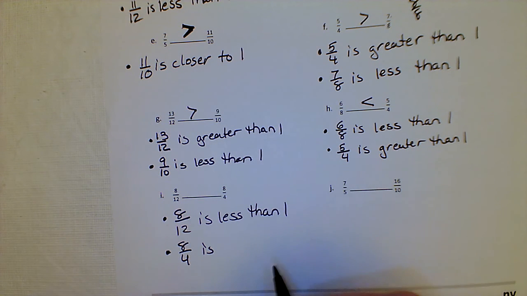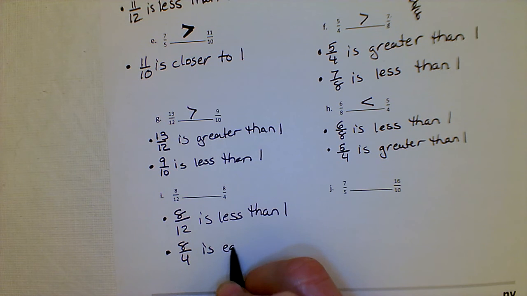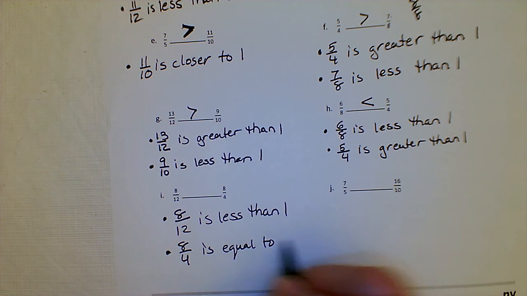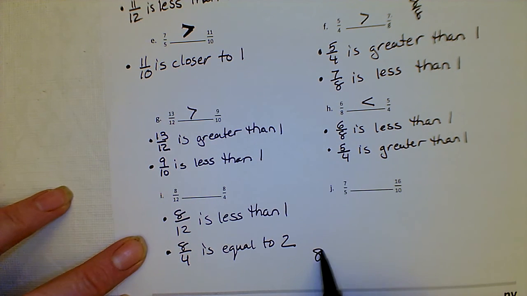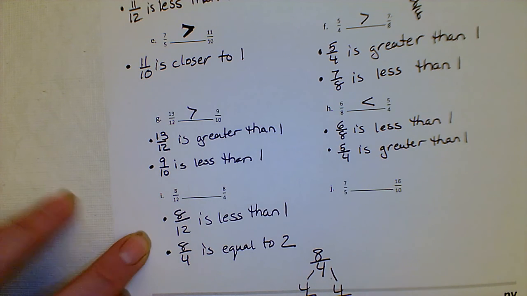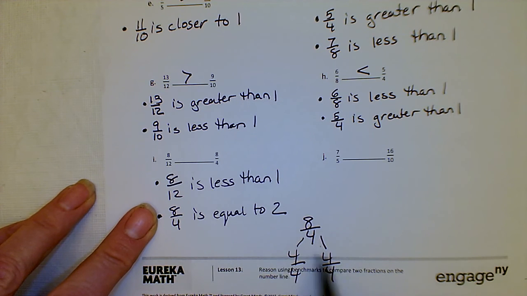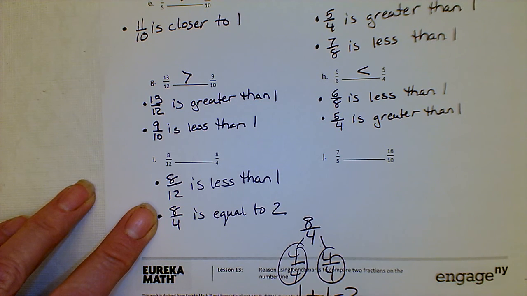So not only is it greater than 1, which I would accept as an answer, but it is equal to 2. How do I know that? Because if I had 8 fourths, I can pull out 4/4 out of it, so that's 1, and I can pull out another 4/4 out of it. So I can pull out 4/4 and then another 4/4, so that's 1, plus 1 is 2.